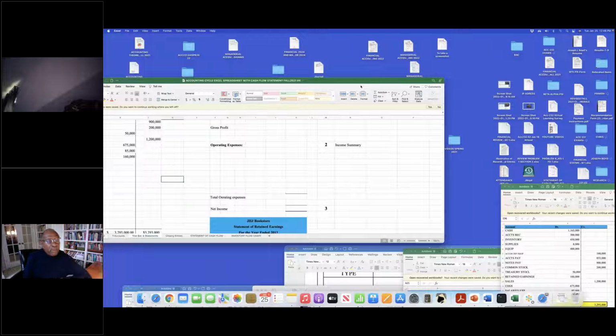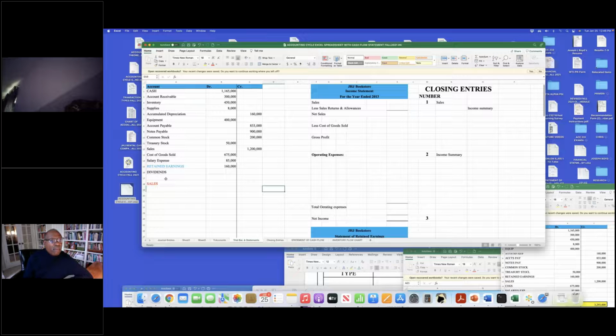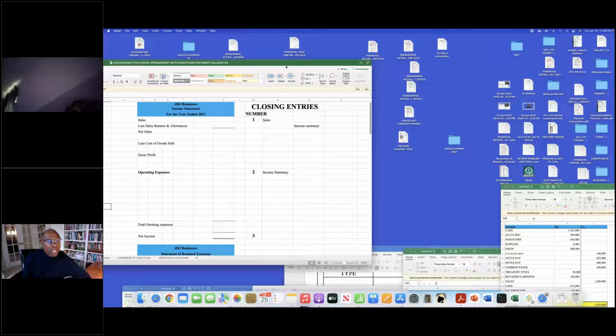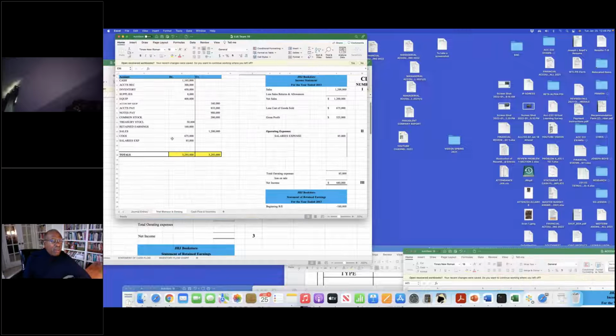Okay. Is this yours? Yes, because I didn't. You didn't keep it in order. So I'll show you why. So you got the same numbers. Okay. They need to keep it in the same order that it is in that chart of accounts.